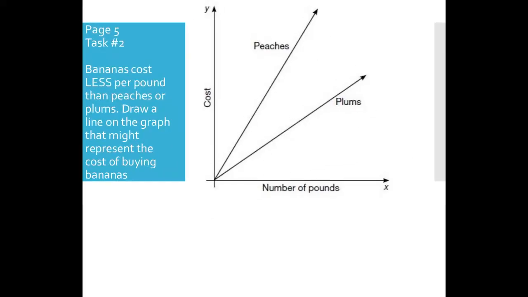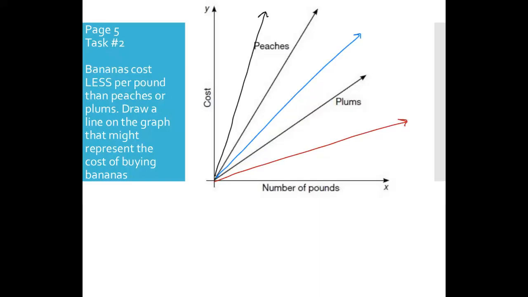Okay. Have you got your lines? Devinus, you got a line? Got a line? Okay. So, bananas. What could it be? Could it be the black line, the blue line, the red line, or the green line? Red line.